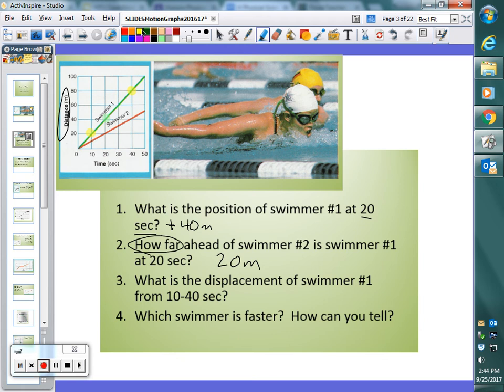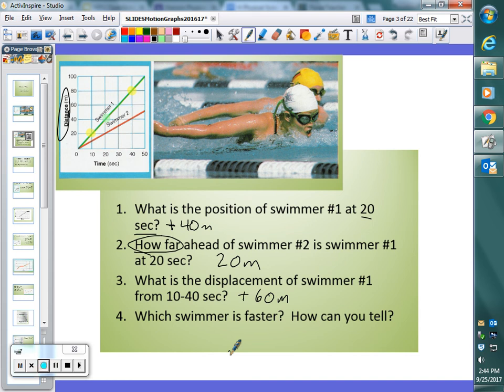So when we calculate where we end up versus where we started, we should end up with positive 60 meters, right? Because displacement is a vector. It needs direction. Which way did we go 60 meters during that time frame?